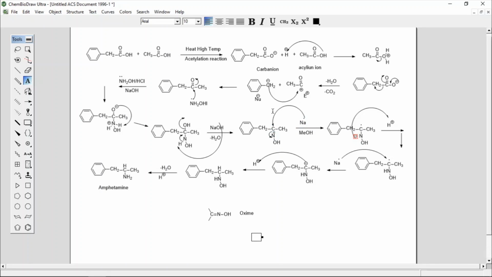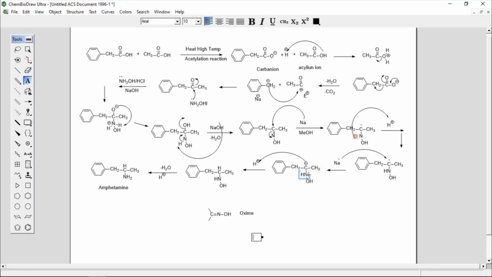So when it gives its electron, the bond pair will shift, the negative charge goes on nitrogen and generates the carbon radical, and that N minus, the nitrogen anion, takes hydrogen from the solvent and converts to NH. The next step is again one sodium loses its electron and gives its electron to this carbon radical and generates a carbanion.